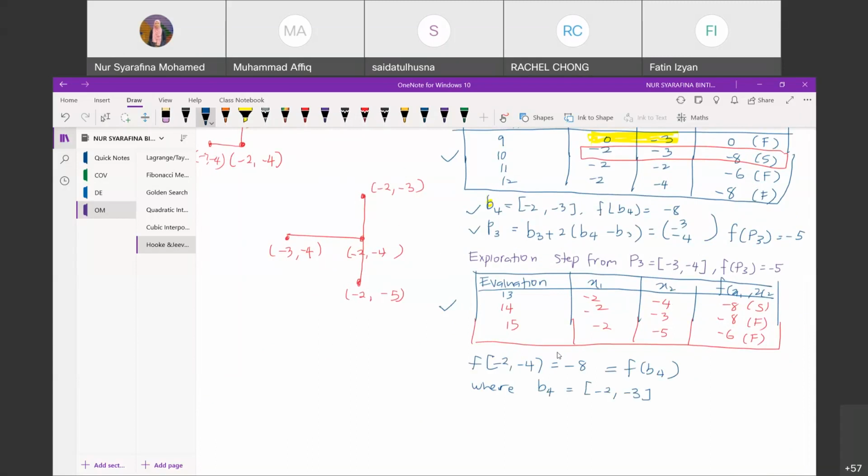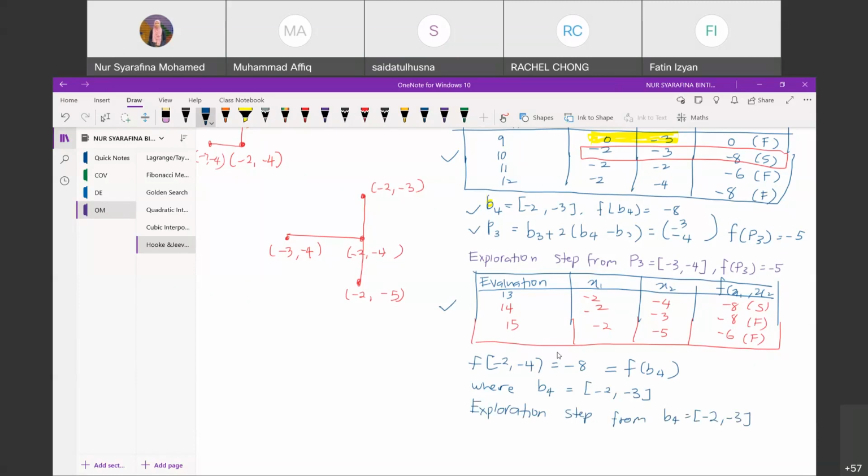Right? So for this case, we don't explore step from P3. We should explore again from B4. So this is what happened when you obtain the same value.